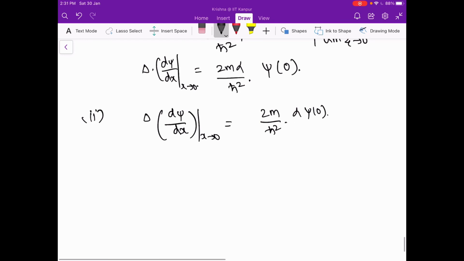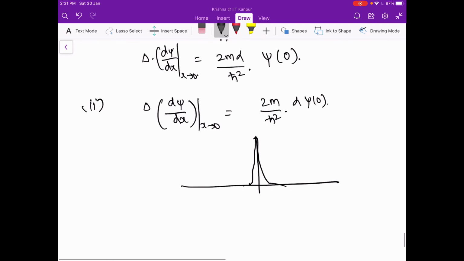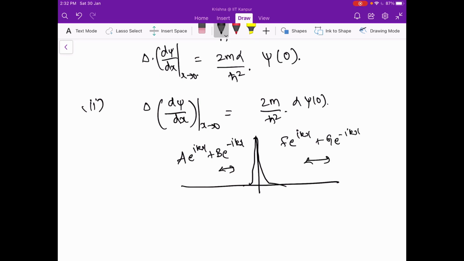And for this potential that we drew, we had two solutions. One is a e power ikx plus b e power minus ikx on this side, and on this side it was f e power ikx plus g e power minus ikx.